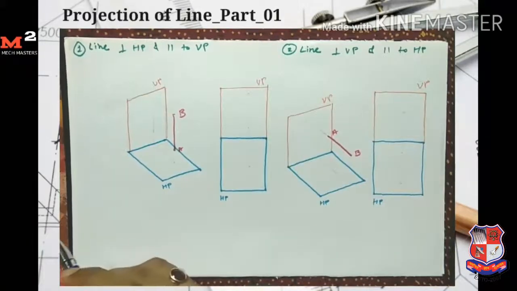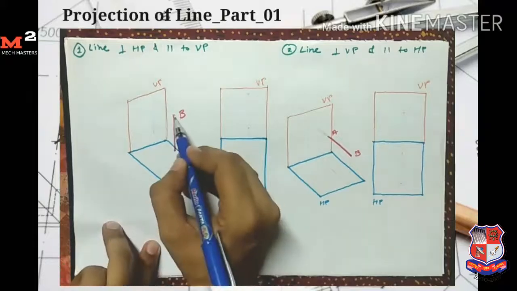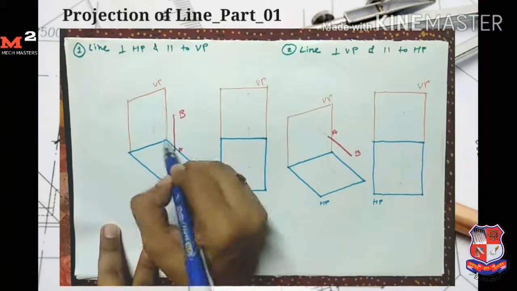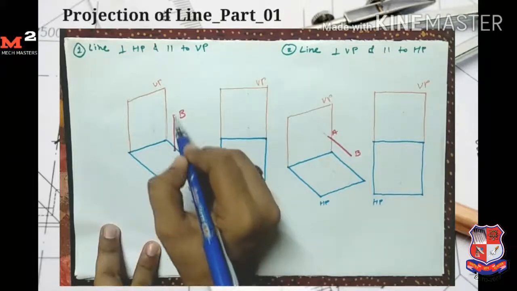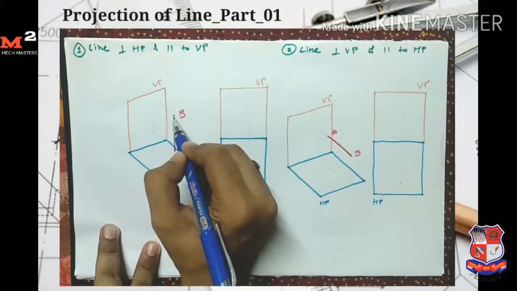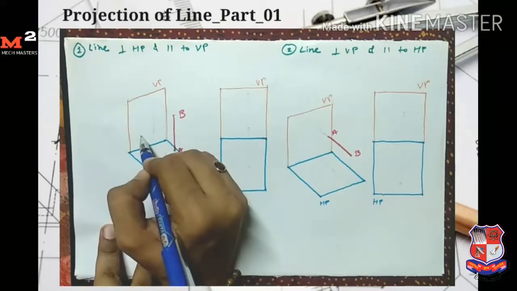Let's start with the first case. First case is line perpendicular to HP and parallel to VP. Here in this case, the line AB is perpendicular to the horizontal plane and parallel to the vertical plane. Parallel to VP means points A and B have the same distance from the vertical plane.